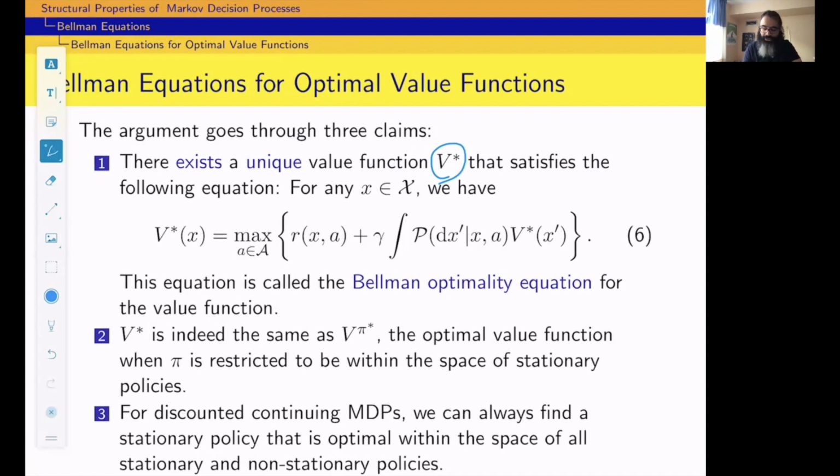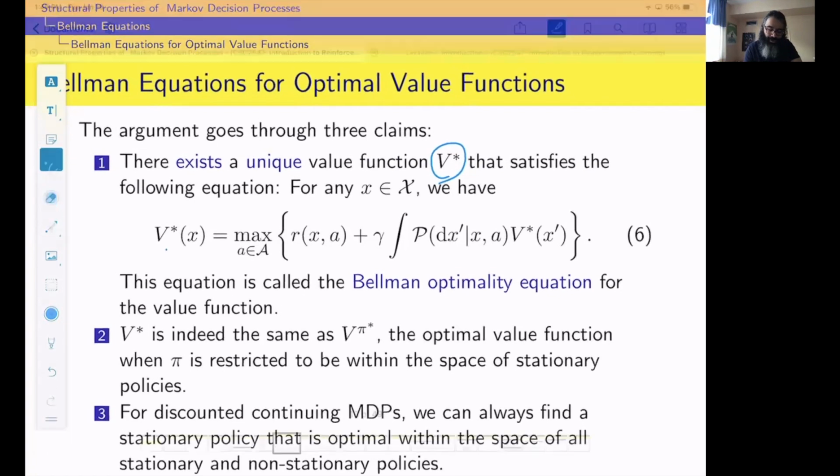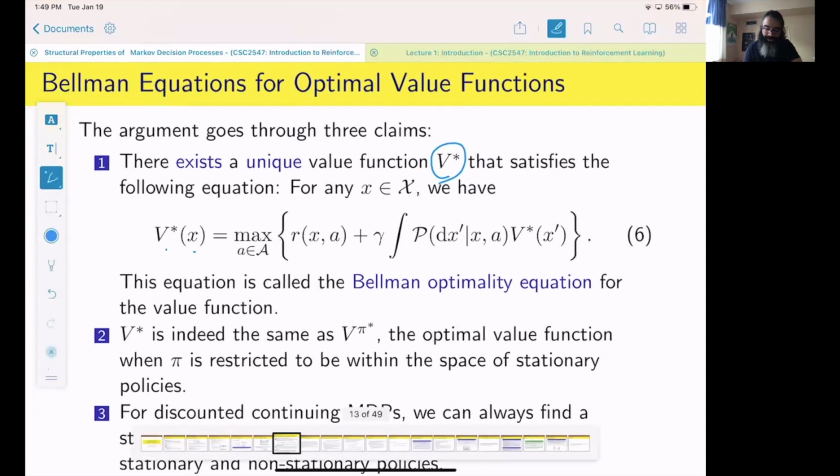It says that V star of x is, we look at all the possible actions, compute this quantity, and take the maximum of them. What is this quantity?